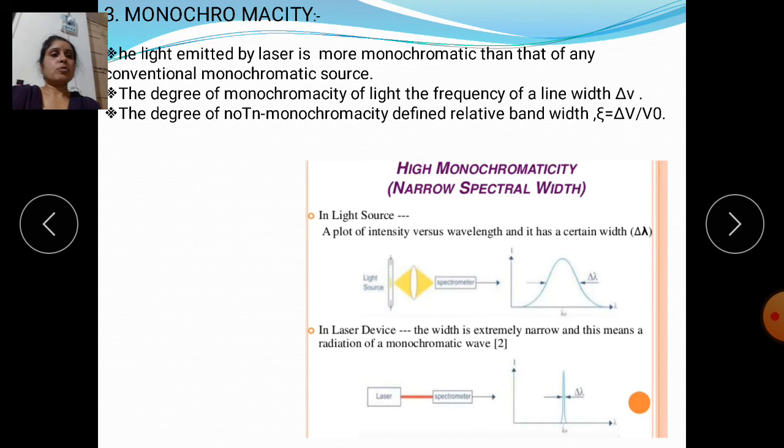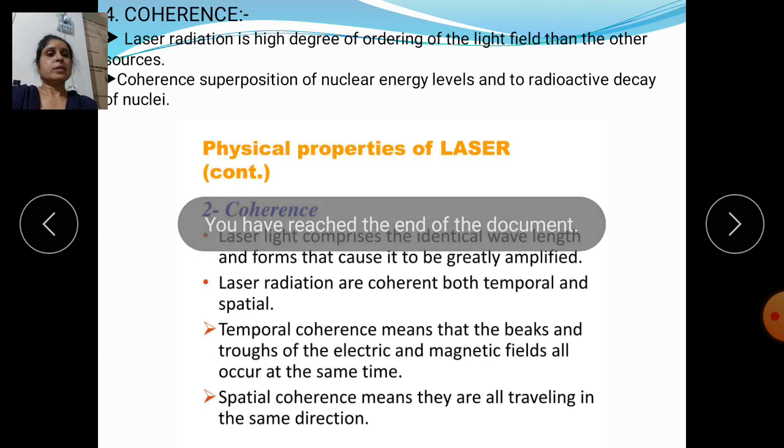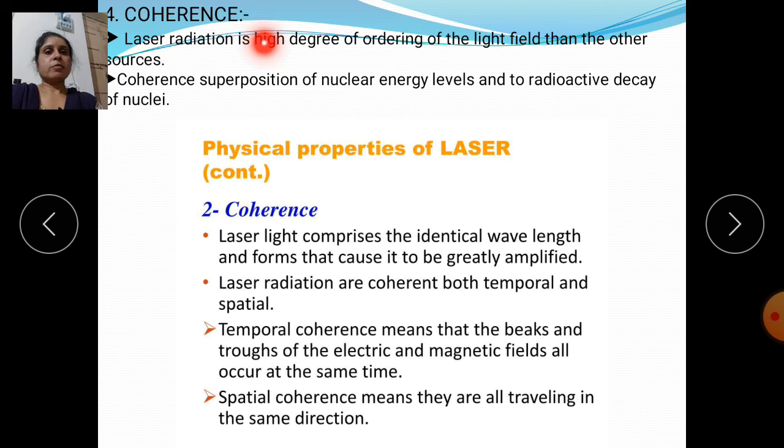Next is coherence. The fourth property is coherence of light. Laser radiation has a high degree of order in the light field compared to other light sources.